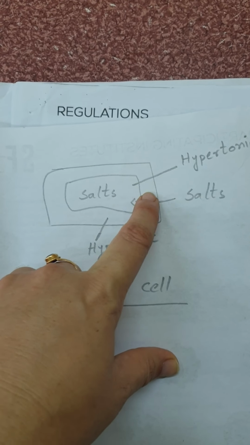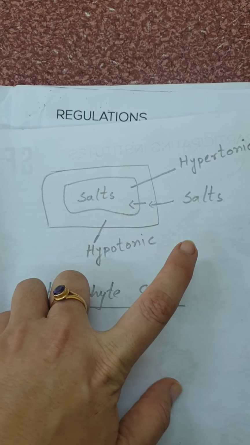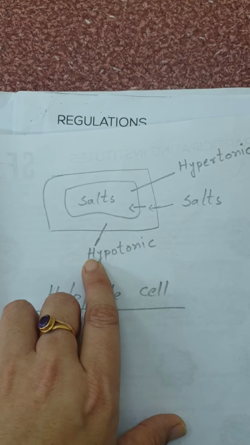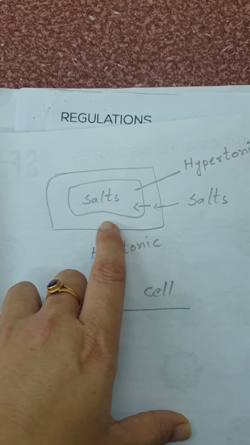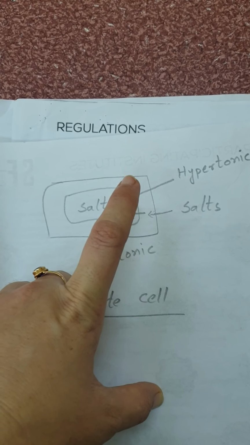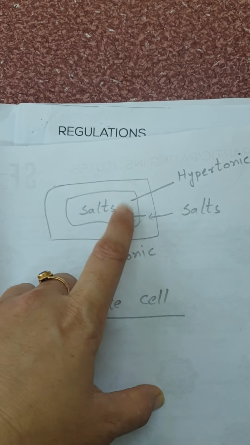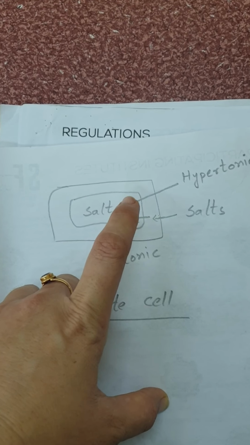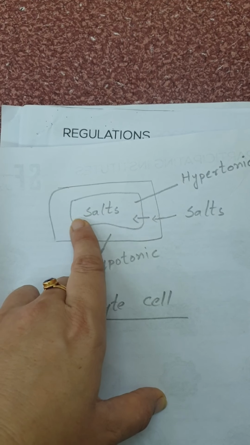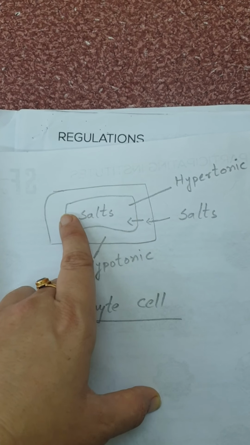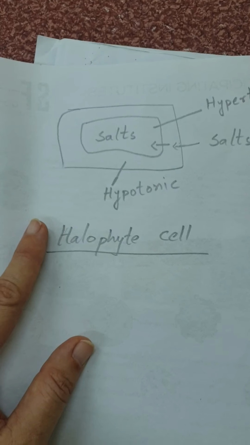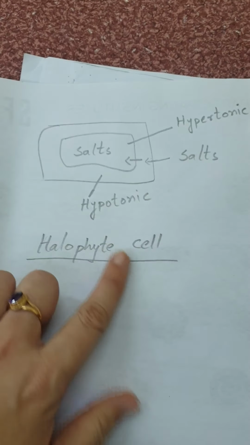So the cell acts as hypertonic to the external environment, but actually it is not hypertonic, it is hypotonic, because the cytoplasm has no such salt. The salts are only present in the vacuole, and it takes in the salts through special proteins, which is known as active transport. So the vacuole's action is very important, and it keeps the plant safe from the fluctuation of the hypertonic environment.